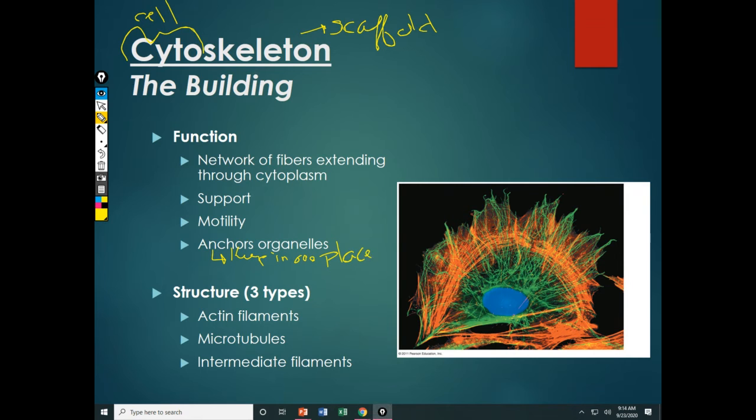Literally like you think of a boat anchor. It's going to kind of hold them down in one location. So as our transport vesicles are trucking around, they always literally know where they're going, because these things are set in place like little houses, more or less.